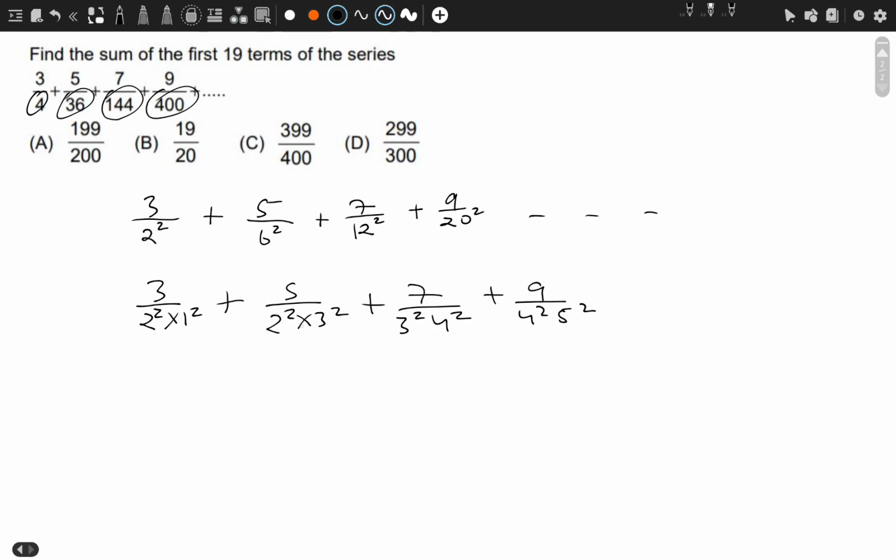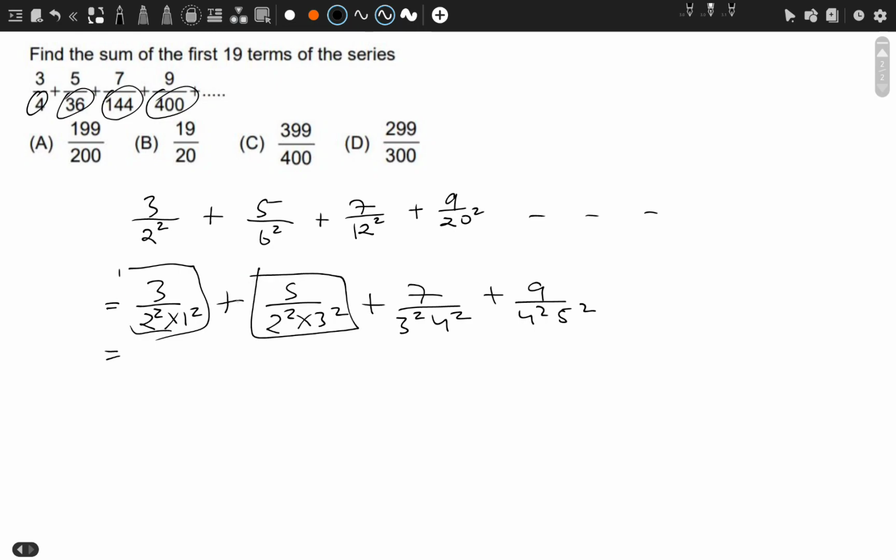So in the denominator we have found a pattern, but in the numerator we know that this is in AP, and we still don't know how to proceed. We need to break this numerator again so that the terms get cancelled out, or manipulate these terms.